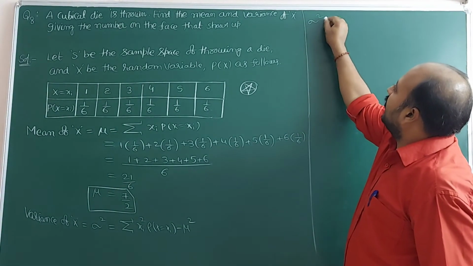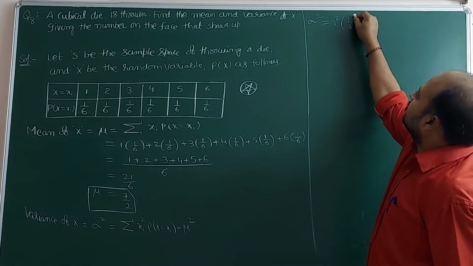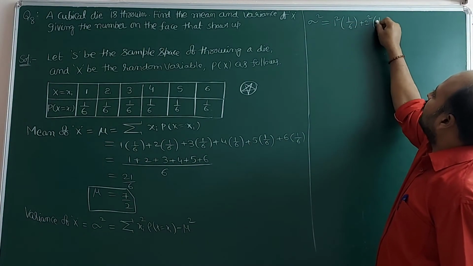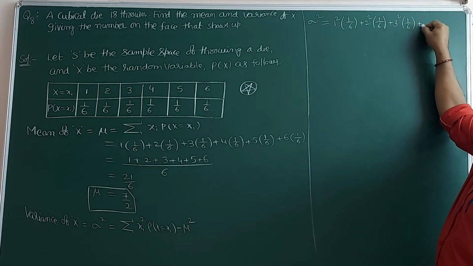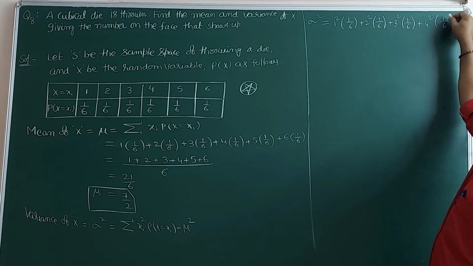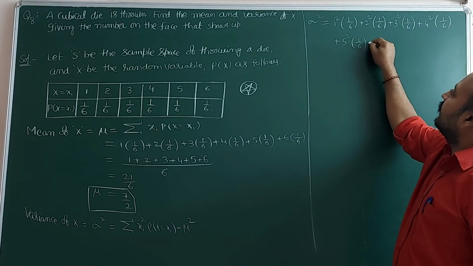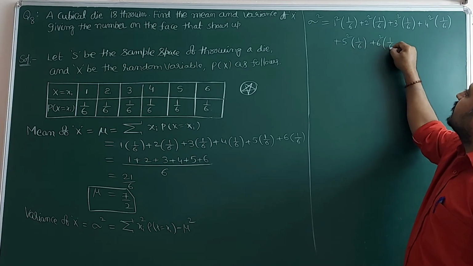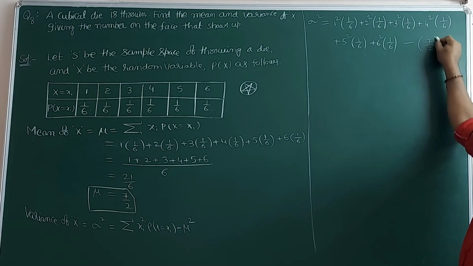Sigma square equals 1 square into 1 by 6 plus 2 square into 1 by 6 plus 3 square into 1 by 6, 4 square into 1 by 6, plus 5 square into 1 by 6, plus 6 square into 1 by 6, minus 7 by 2 whole square, mu square.